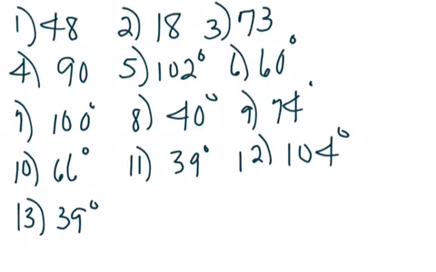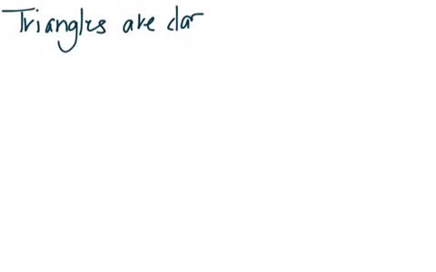On the next section, we need to review the types of triangles before we go over those answers. Triangles can be classified by angles.